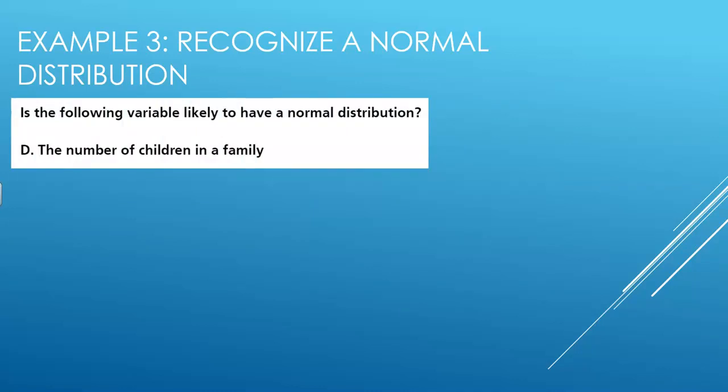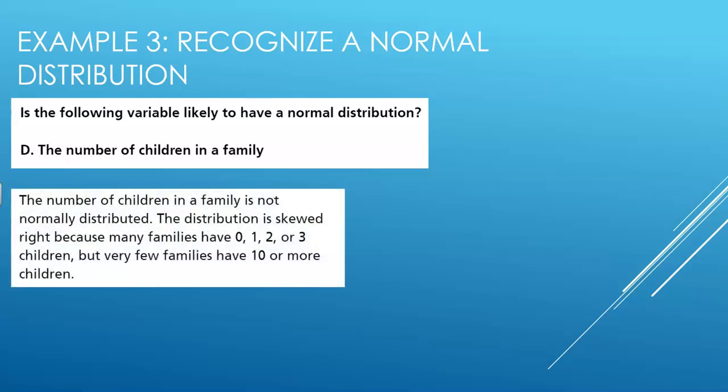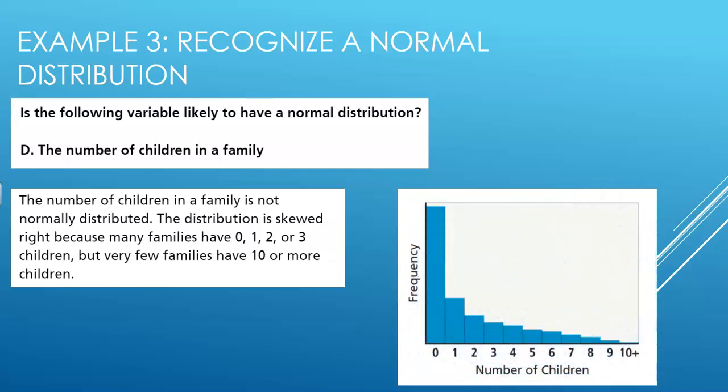Here's another example. The number of children in a family. What do you think about this? The number of children in a family, it's definitely not normally distributed, right? There's the graph we have. Just think about it.